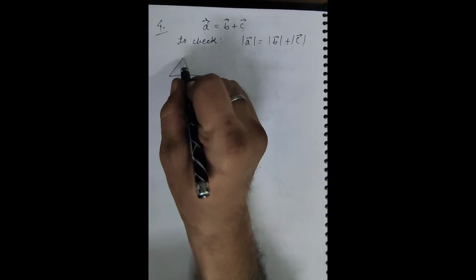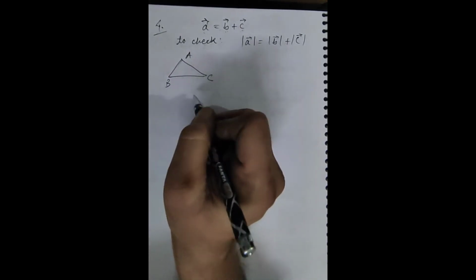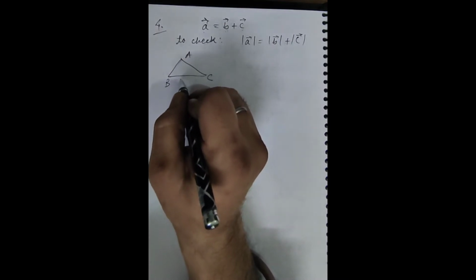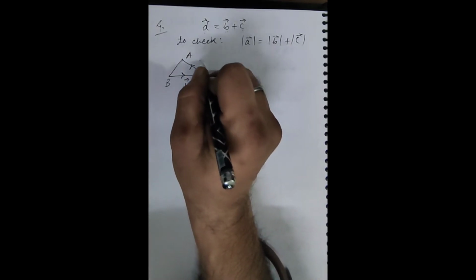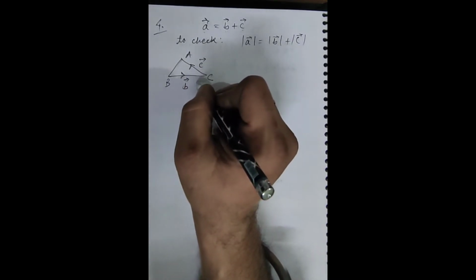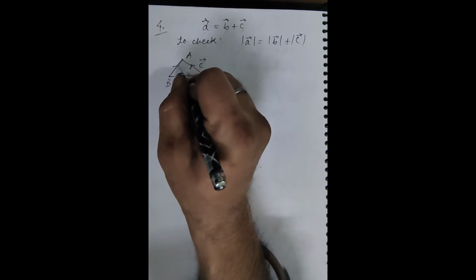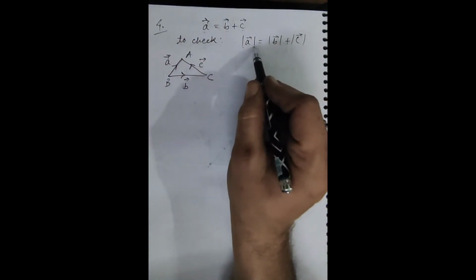If we consider a triangle ABC, we consider BC as vector B, CA as vector C. By the triangle law of addition, we can say this vector BA is equal to A.